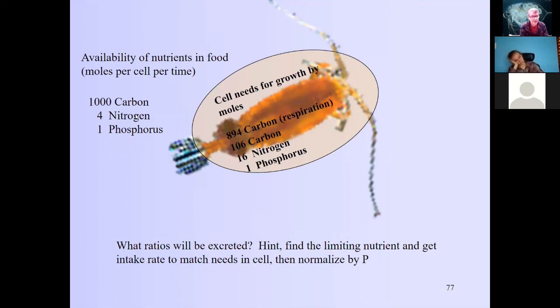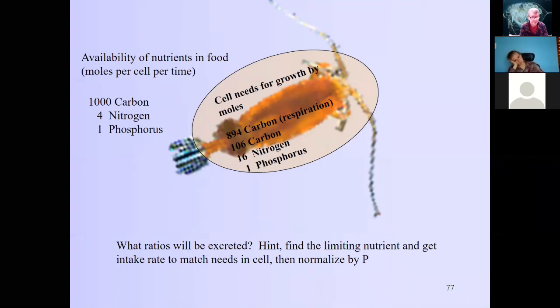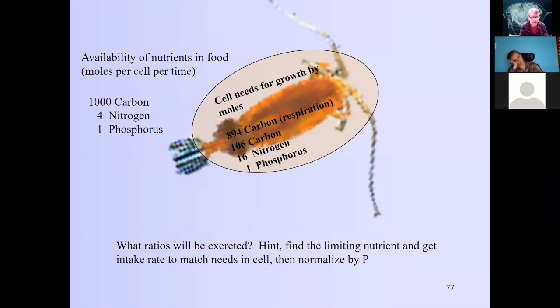So how many of these is it going to need to eat to get to the 16 nitrogens? Good, right, yeah, you have to eat 4 of those, right? So if you eat 4 of those, how many phosphorus is it going to be getting for that? Getting 4, right? And how many carbons is it going to get for each of those? So by the time it gets 16 of these?